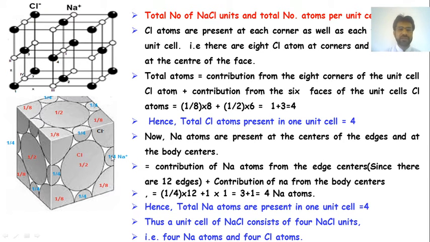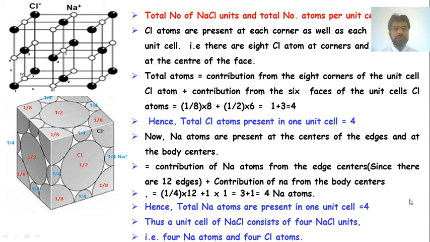Therefore, the contribution of the Na atoms from the edge center plus the contribution of the Na atoms from the body center is equal to 1/4 multiplied by 12 plus 1 multiplied by 1, which is 3 plus 1, so equal to 4 Na atoms. Hence we can say that the total Na atoms present in this unit cell is equal to 4.